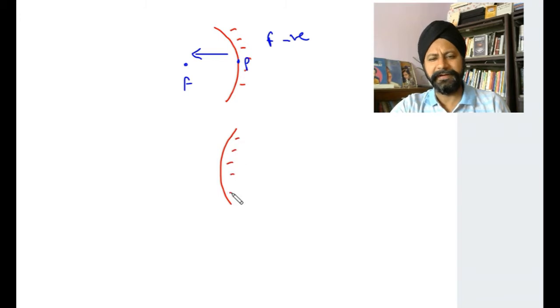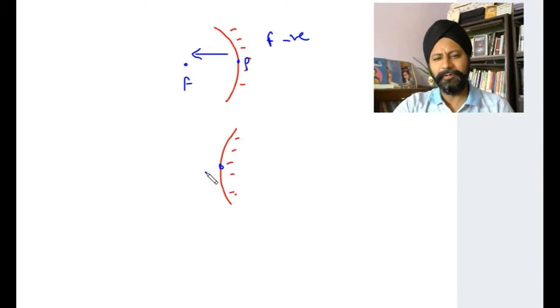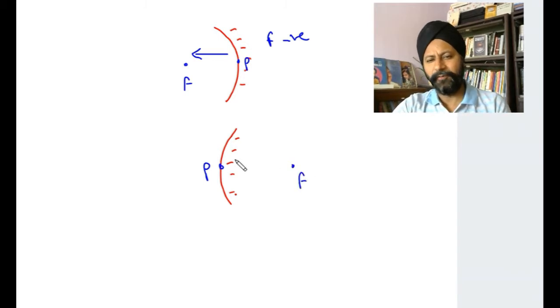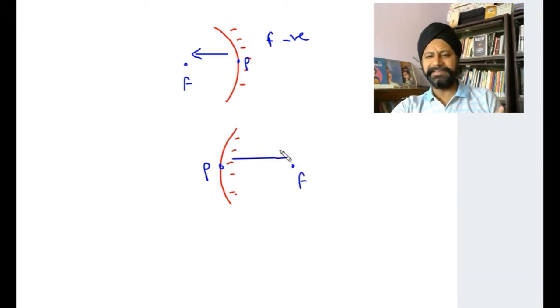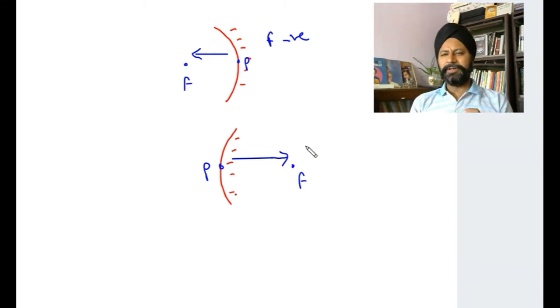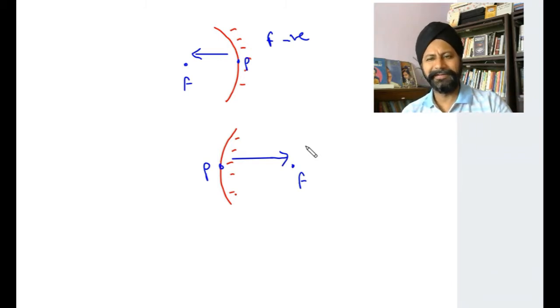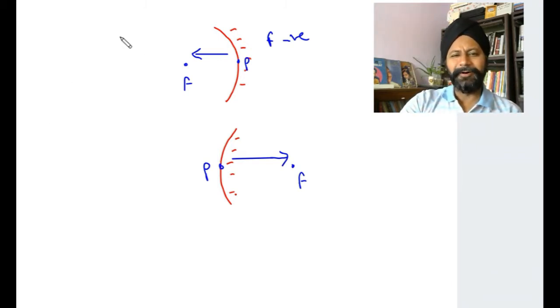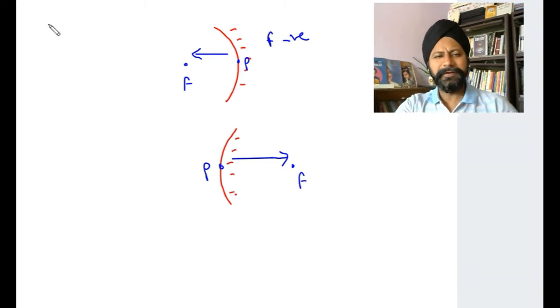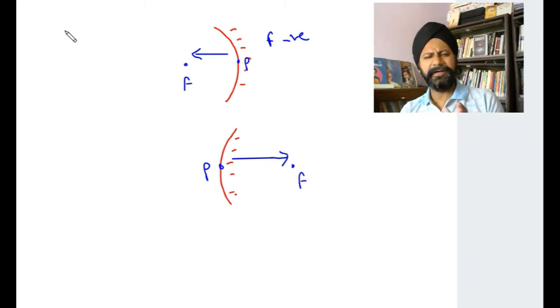Convex here. So now this is the pole and this is the focal point. So focal length is in this direction. Focal length is positive. So focal length will be positive for convex mirror. It is going to be negative for the concave mirror. Simple. Now there are a few symbols also that you have to understand, and these are different in different books.